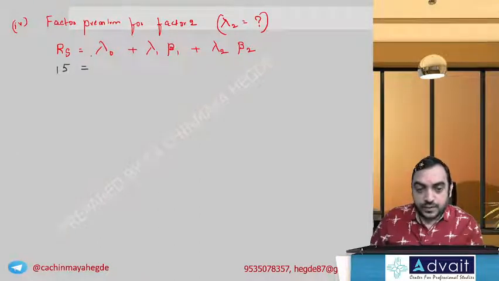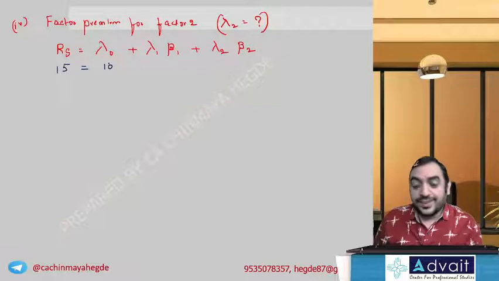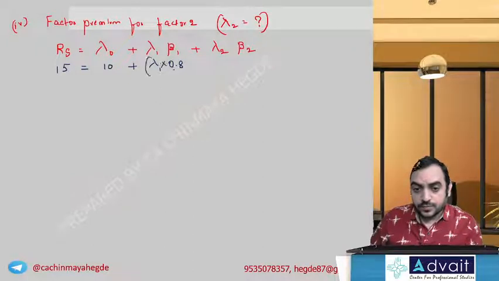So 15 expected return, 10 that is the risk-free return, and lambda 1 we don't know, beta 1 is 0.8 for security A, and lambda 2 we don't know.